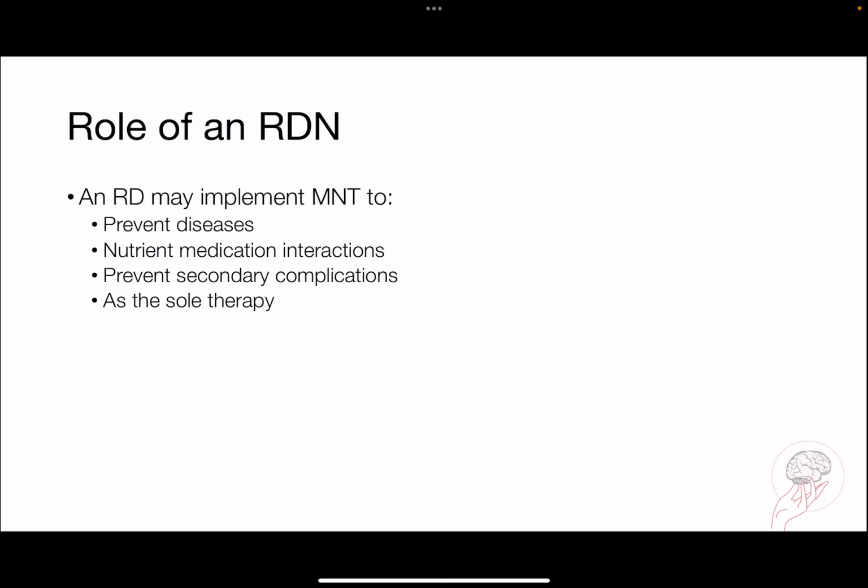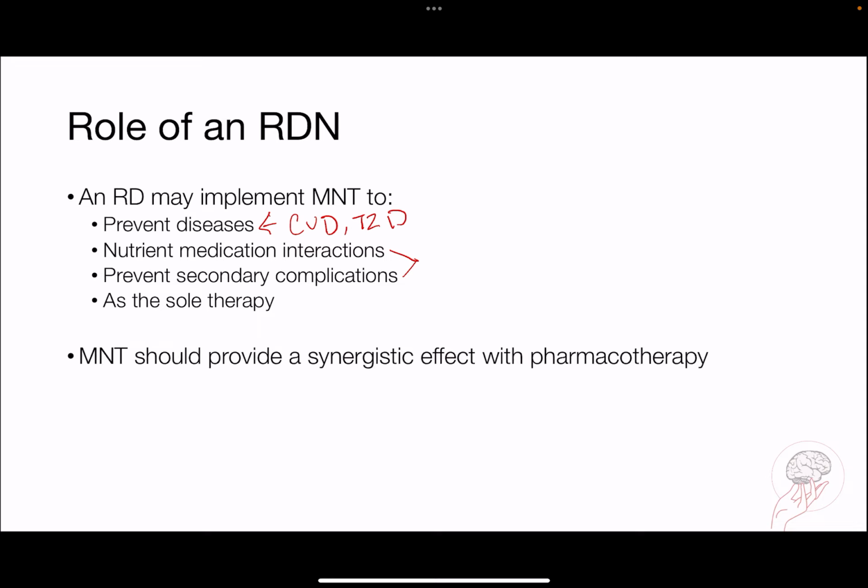So we talk a lot about disease prevention, a lot about cardiovascular disease, type 2 diabetes. And I think that these nutrient medication interactions and secondary complications aren't what people generally think of when they think of the RDN. But medical nutrition therapy should provide a synergistic effect with pharmacotherapy.